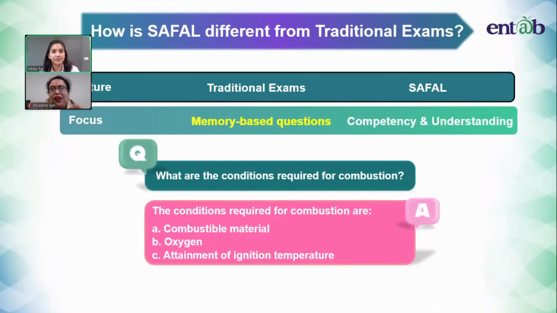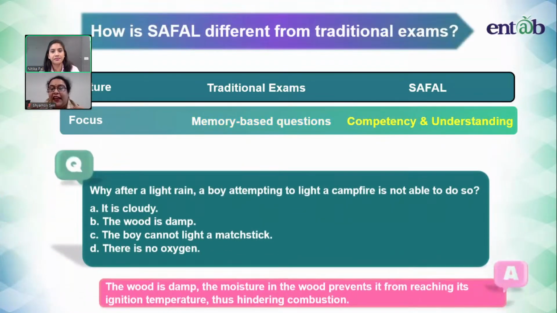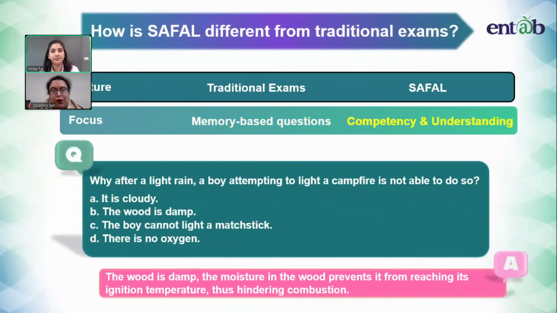So, SAFAL will pose a question: why after a light rain, a boy attempting to light a campfire is not able to do so? Now, this question requires analysis and application of the existing knowledge of combustion, with which the student will answer that since the wood is damp, the moisture in the wood is preventing the attainment of the ignition temperature, and that is what is hampering combustion.